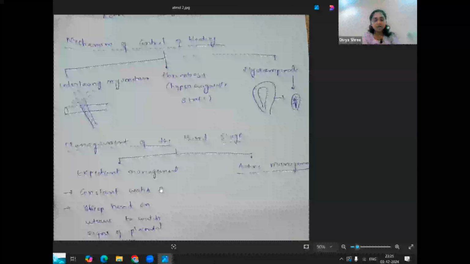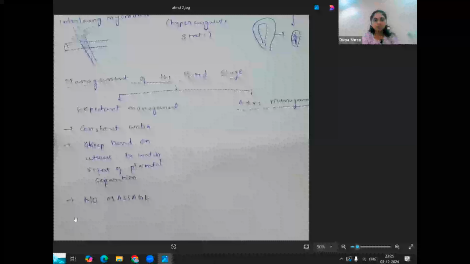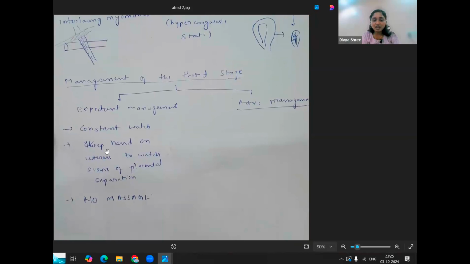In expectant management, we see nothing but just a constant watch. You just keep your hand on the uterus, but do not massage, to watch for the signs of placental separation. If the placenta is separated from the uterus, the discoid shape of the uterus won't be there.